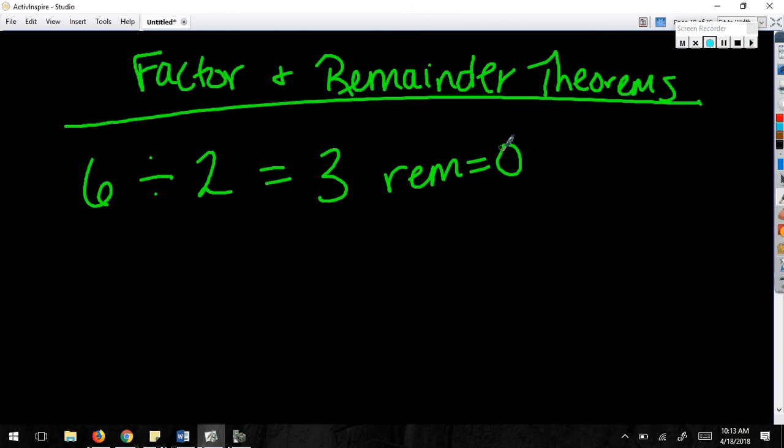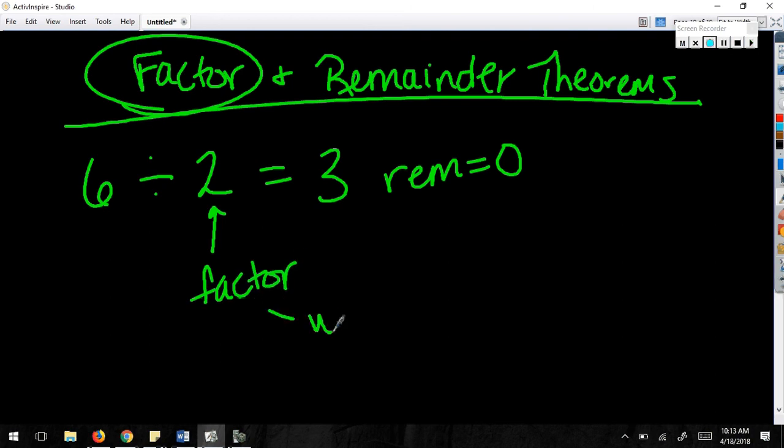Not just positive, what else? Give me another word. What happens when you divide something and don't get a remainder? Do you know what that's called? A factor, right? A factor is something that when you divide, you get no remainder.